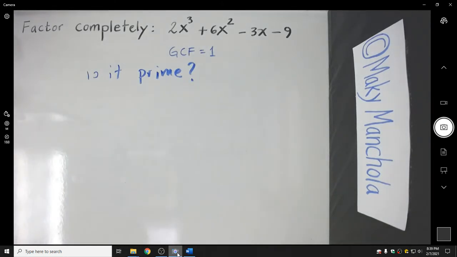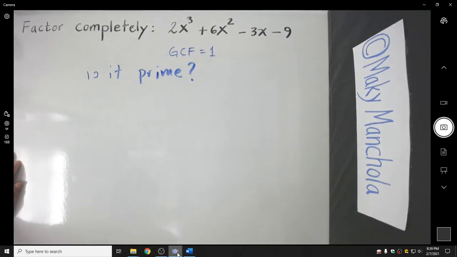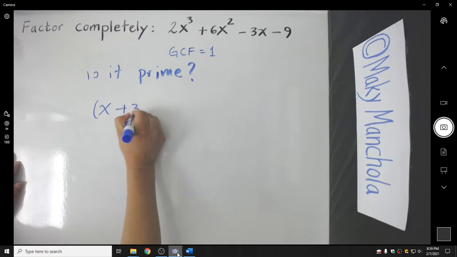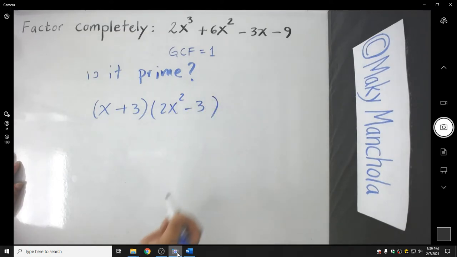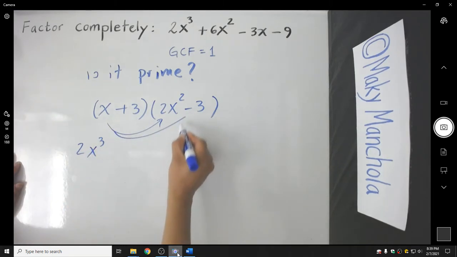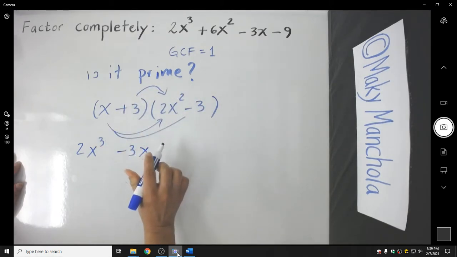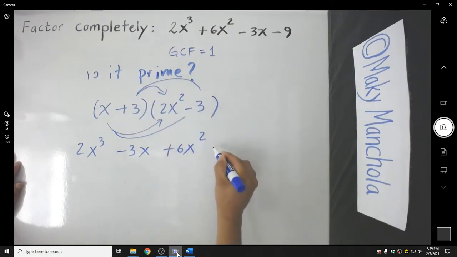The answer is no, it is not prime. Even though the greatest common factor is 1, this polynomial is not prime. Observe that if we multiply x plus 3 times 2x squared minus 3, we obtain 2x cubed minus 3x plus 6x squared minus 9.